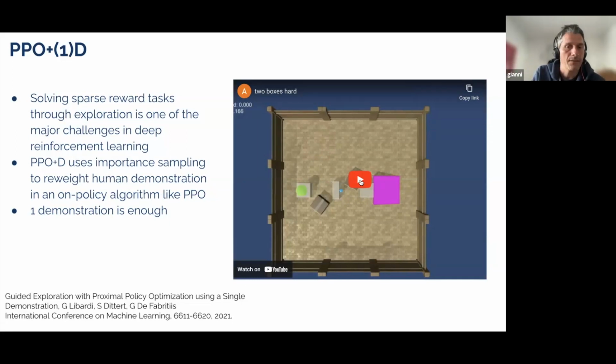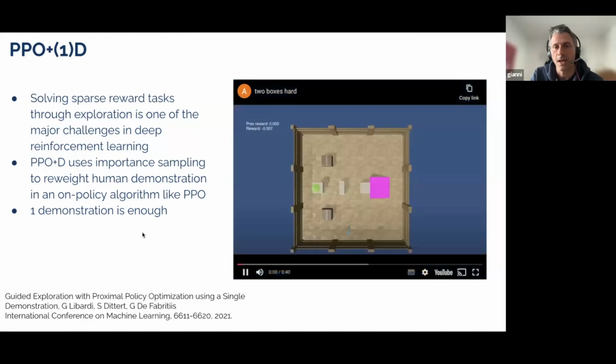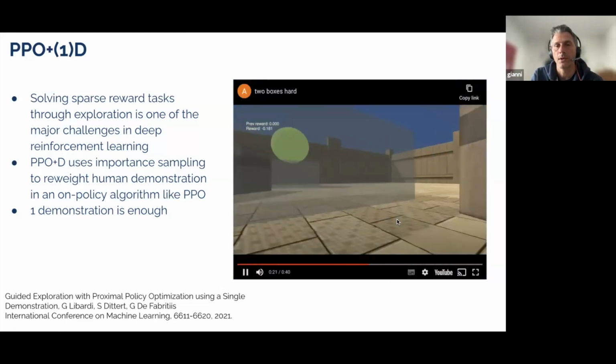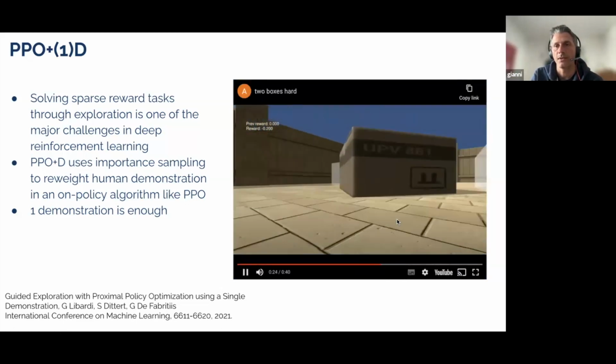This was applied in the Animal Olympics case, where you have this ball, which needs to go through the ramp, pass over here, and eat this food over here. This was done by presenting a single demonstration, and this is what PPO learned. This is actually what the agent sees.